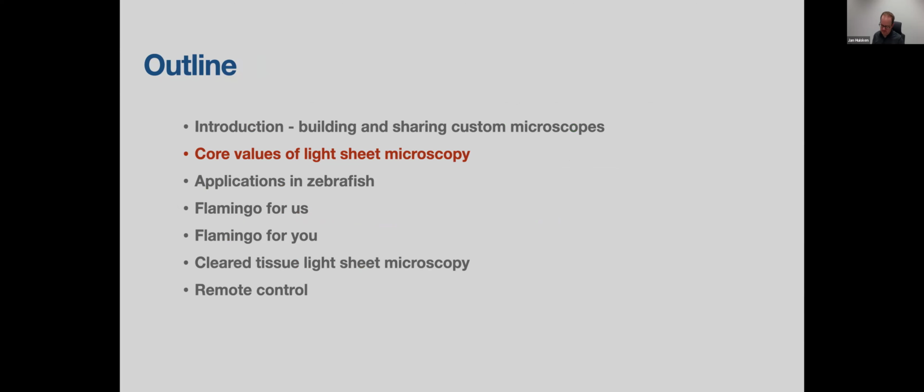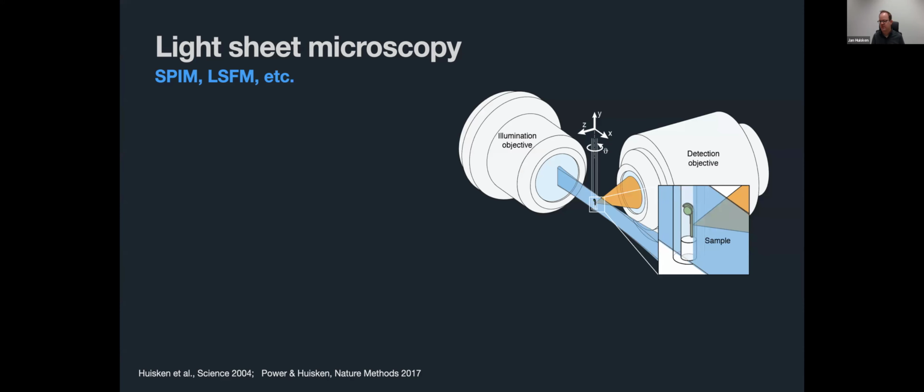So briefly, light sheet microscopy, from my perspective, is an incredibly valuable technique, which also is relatively straightforward to implement. I think this cartoon summarizes quite nicely the core features of a light sheet microscope. Typically you have two perpendicular optical arms. One is used for illumination.